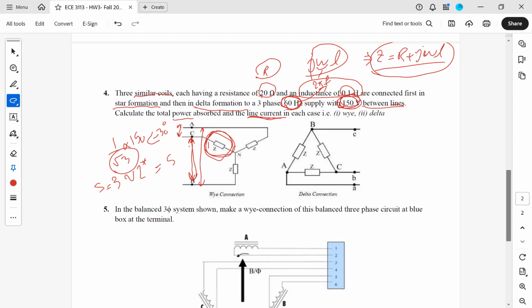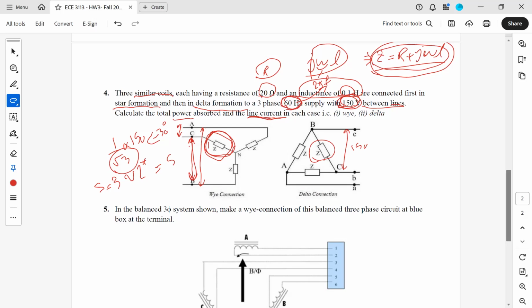For the delta connection, again, we know that the line voltage is 150. Since they are the same impedance, we already calculated the impedance in the previous connection, so we have the Z. But in a delta connection, we know that each impedance in each phase of the load experiences the line voltage across itself.